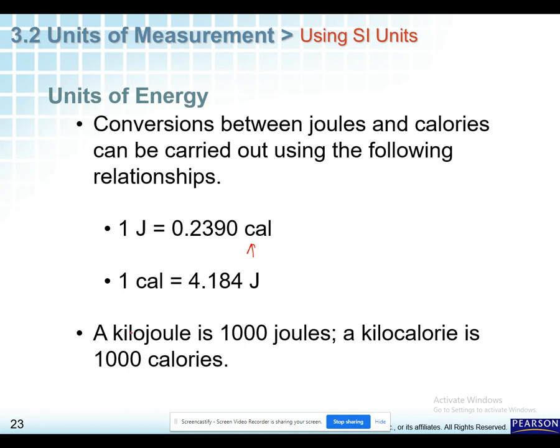In fact, a kilojoule is 1,000 joules. A kilocalorie, which is a food calorie, is actually 1,000 little calories. So when I say this is 80 calories for my snack, I mean 80,000 actual scientific calories.